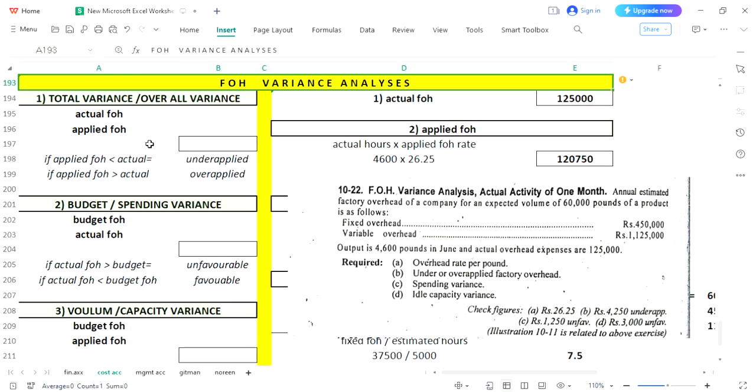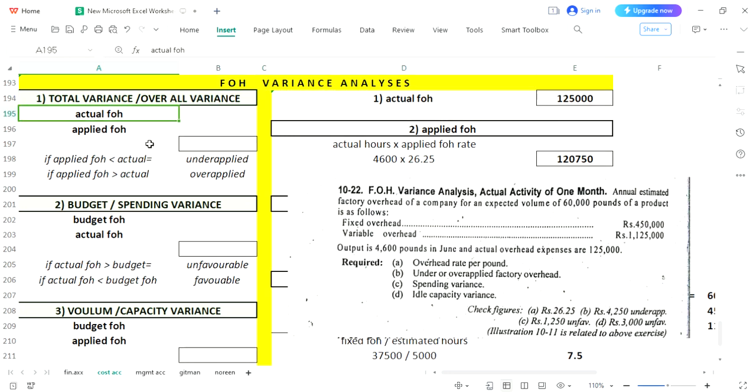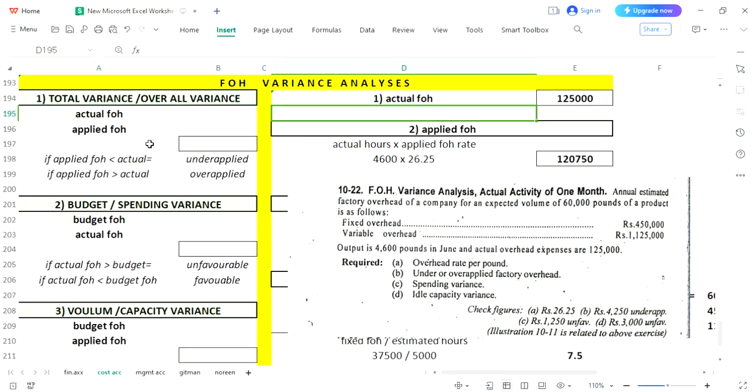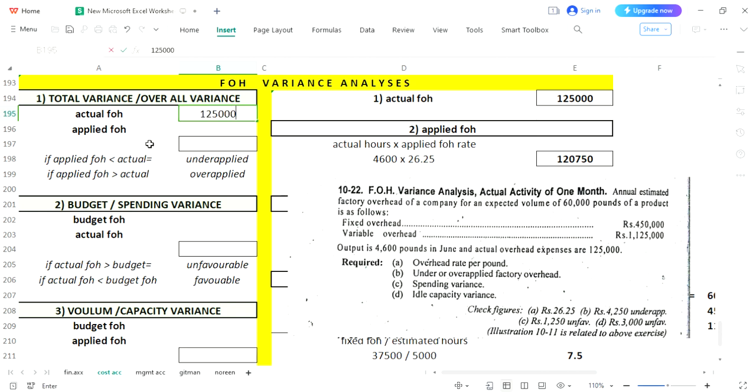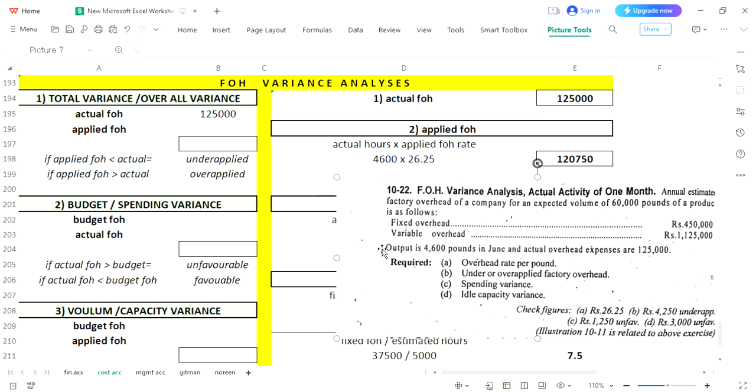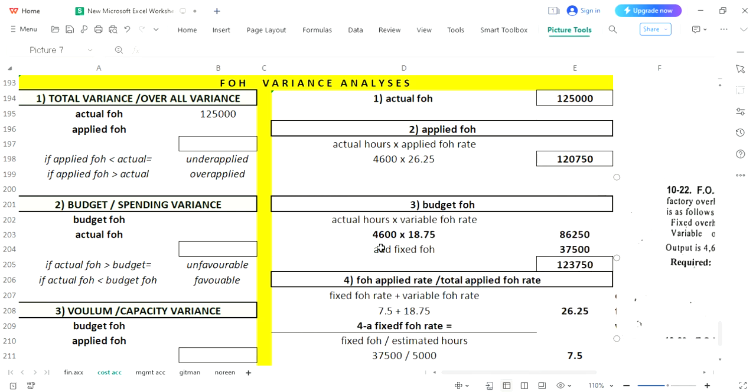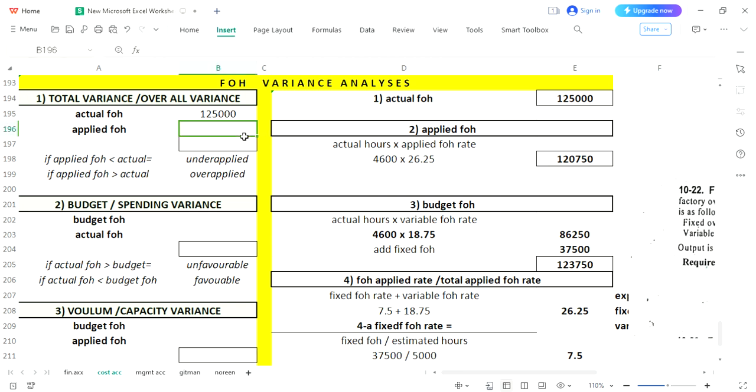The first variance which you will calculate is total variance. You need to put actual FH. Here you can see your actual FH is 1,25,000. Put 1,25,000 over here. Then you need your applied FH, and here you have calculated FH applied in the second part, and this is 120,750.